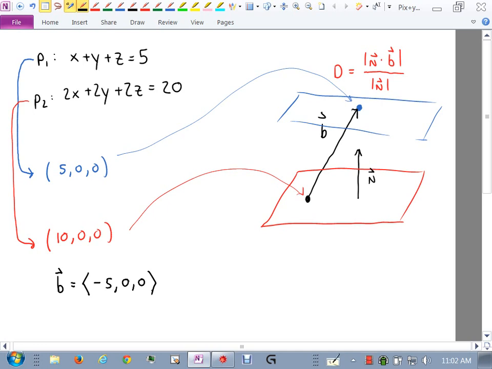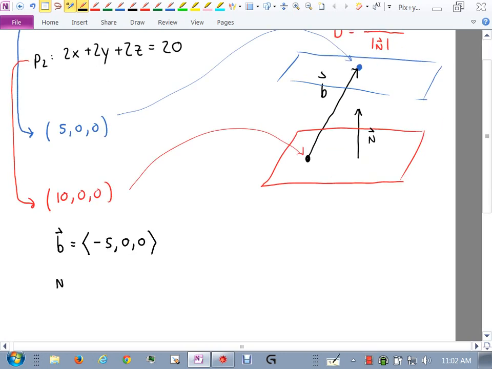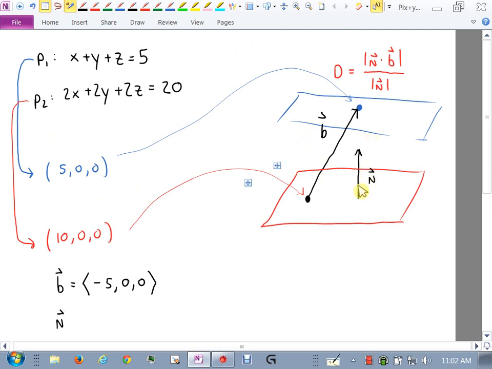That's our B. And then what's n? It's the normal vector of which plane, or does it matter? Well, we want the bottom plane, but they're both parallel, so the normal vectors are parallel. But we're going to take the normal vector off of this plane. So 2, 2, 2?